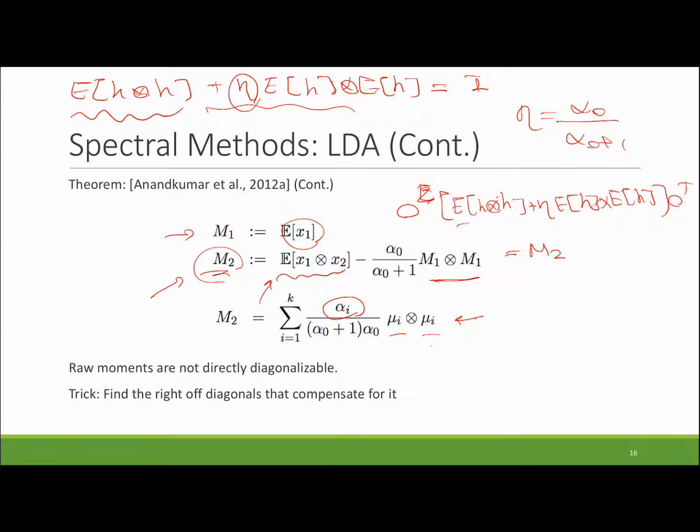And so if you can show that this has that nice rank 1 form, I'm going to call it OJ, then you can show that M2 also has this nice decomposition. That's why you said the off-diagonal is 0. All the off-diagonals of this should be 0 for that.